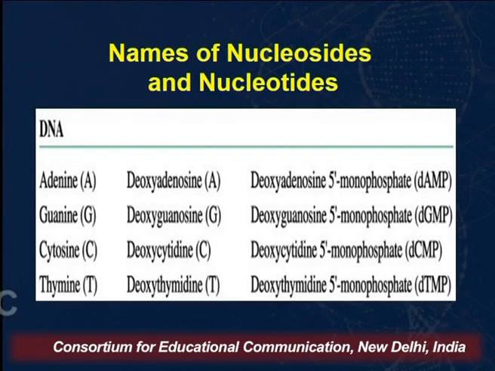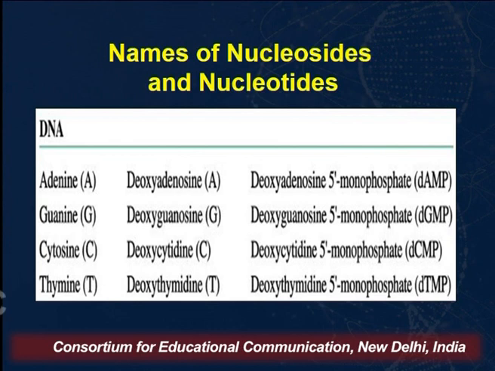Now supposing we are talking of DNA, we've changed the sugar from ribose to deoxyribose. So again, just taking one example, we have adenine, the sugar here is deoxyribose, so the nucleoside would be deoxyadenosine, and the nucleotide would be deoxyadenosine 5'-monophosphate.